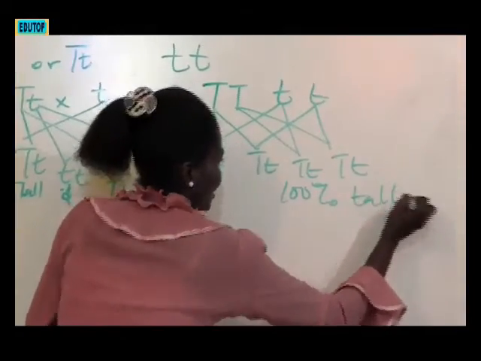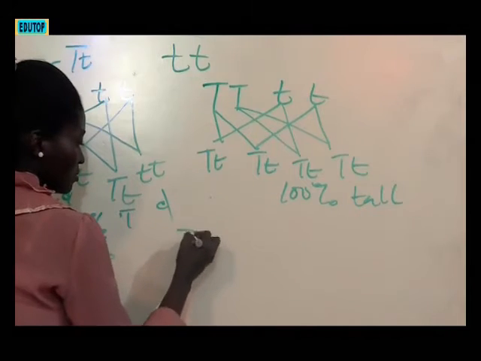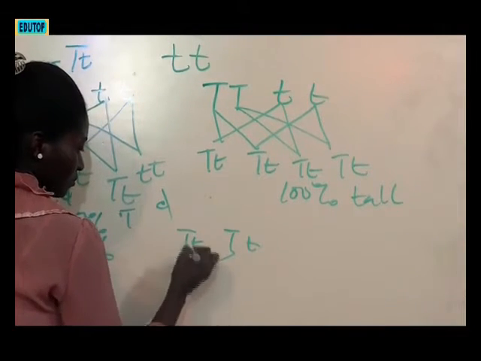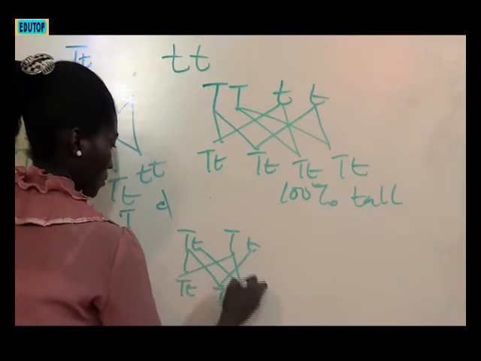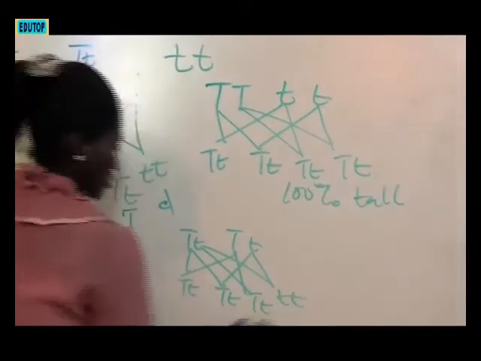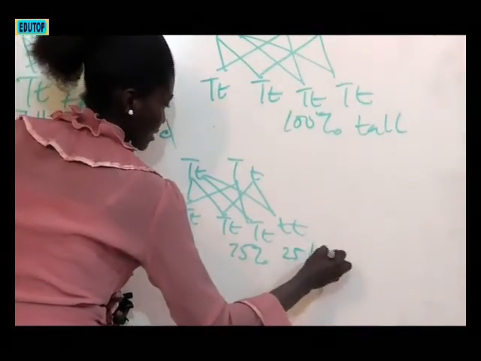So this cannot be the answer. Then for option C, we have Tt and Tt. So you have this. So this is 75% tall and 25% dwarf. So it can't be this.